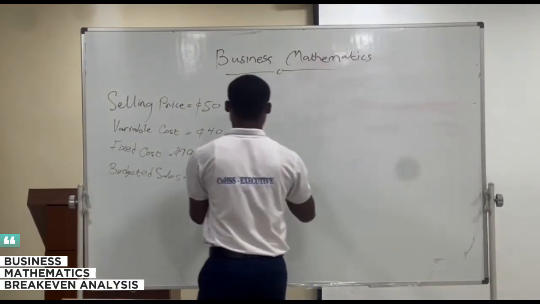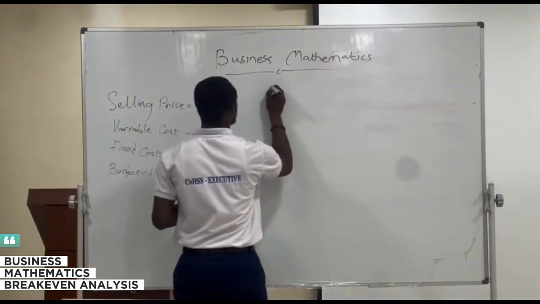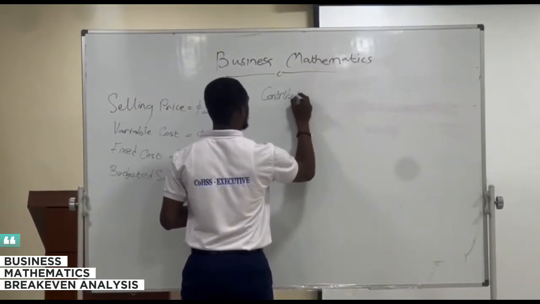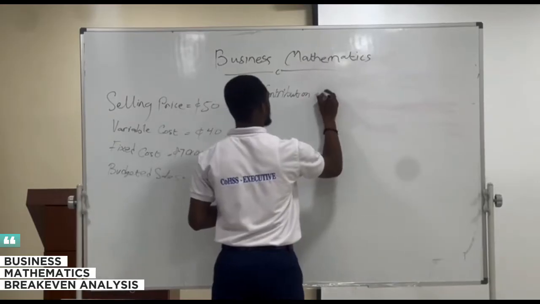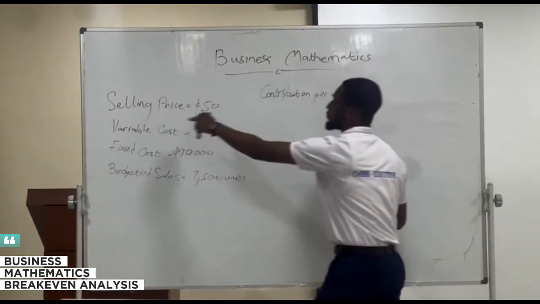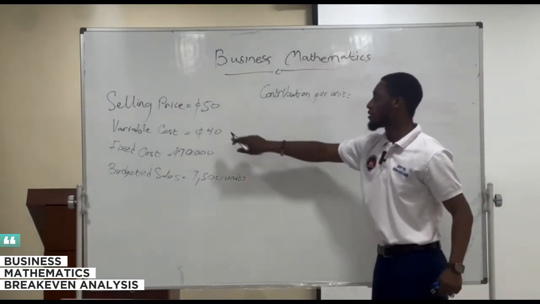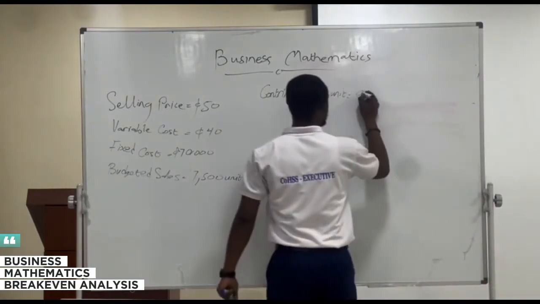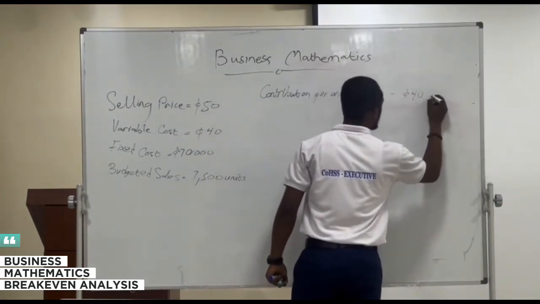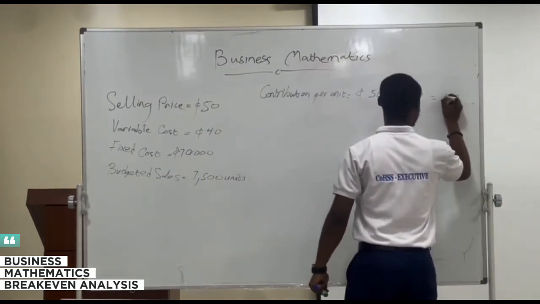So contribution per unit is the selling price minus the variable cost, which is 50 minus 40, giving us 10 cedis.